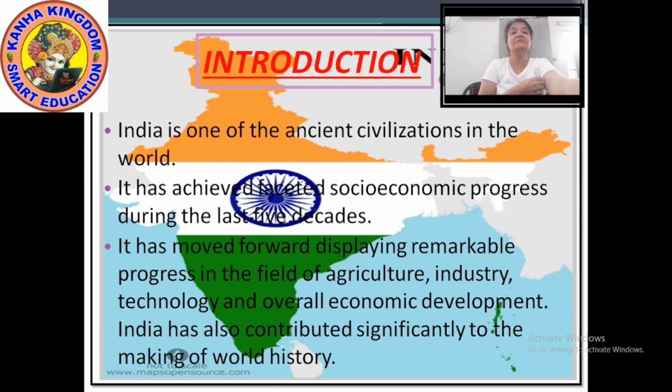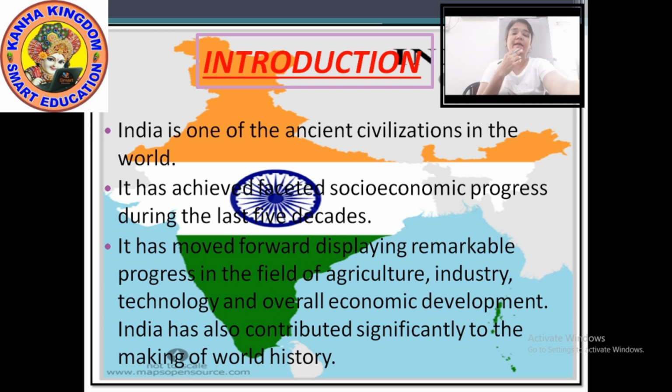Here civilization means the stage of human social and cultural development and organization that is considered more advanced. India is said to be one of the ancient civilizations of the world, where you can see social and cultural developments since ancient times.